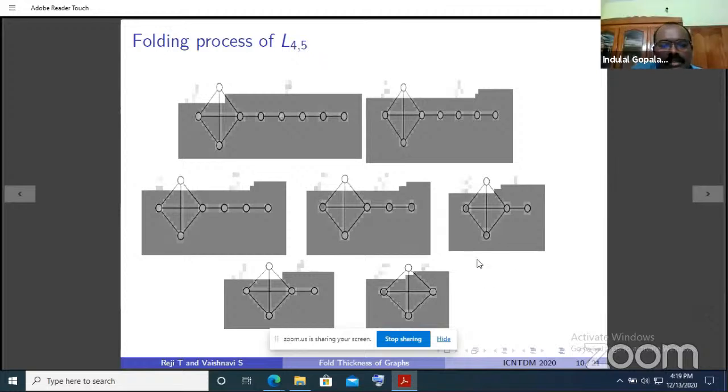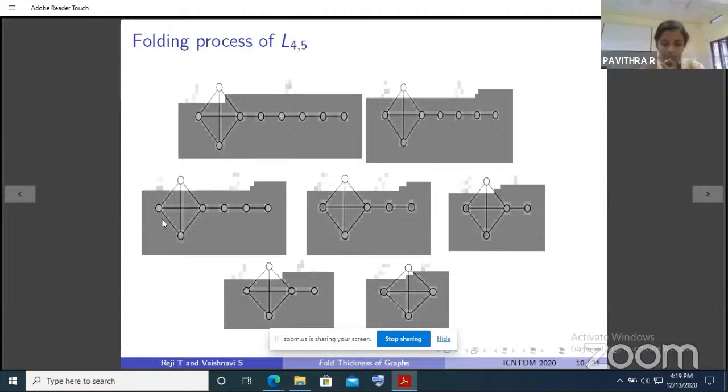So given any graph, is this process a convergent process? So given any graph G, can you ensure that this process is convergent, so that this will end with some complete graph? Yes, sir. Any incomplete graph can be folded. Okay, after a finite stage, you will reach a complete graph.